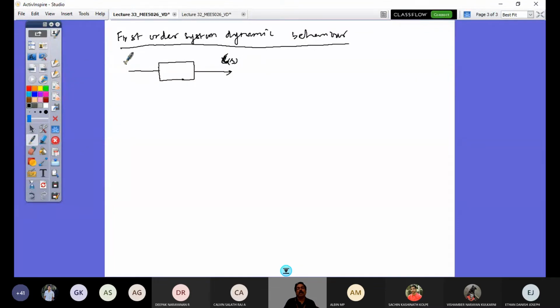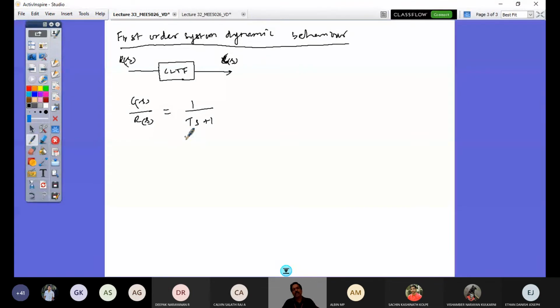Here T is what? s is the Laplace variable, so order 1, so it is a linear polynomial, and this T is called the time constant of the first order system. So the time constant is very important. The smaller the time constant, the quicker the steady state response. So that's what we will understand now at the end of this.